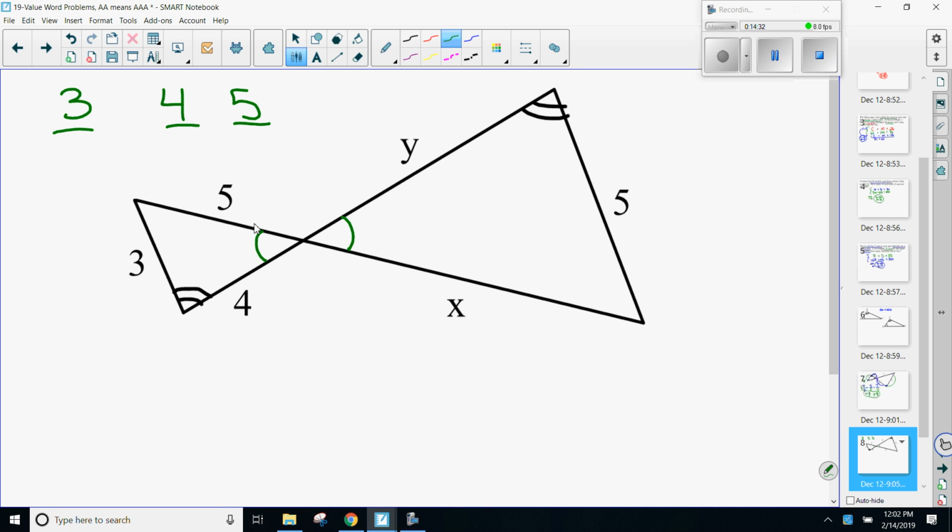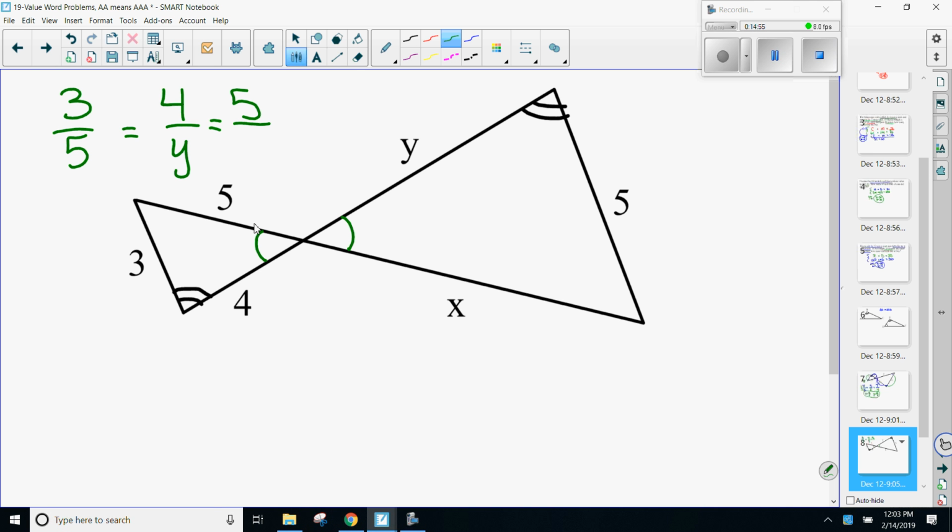All right. I don't know where you want to start. If you go with the marked angles, 4 corresponds to what? Y. 3 corresponds to 5. Now in your book, they might talk about a certain scale factor. I don't worry about the scale factor. I can talk to you later about that.